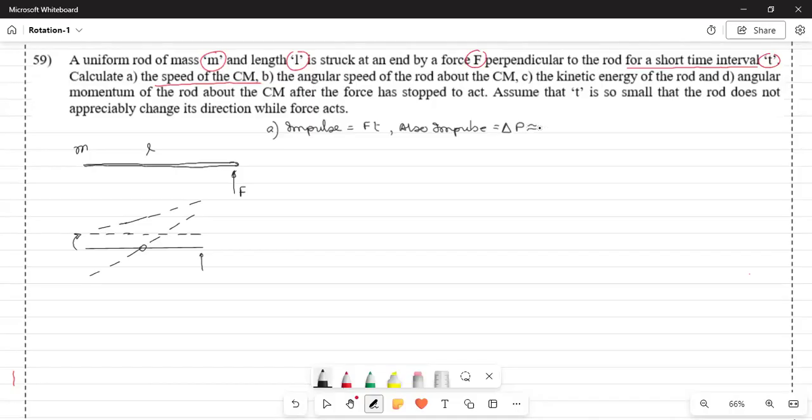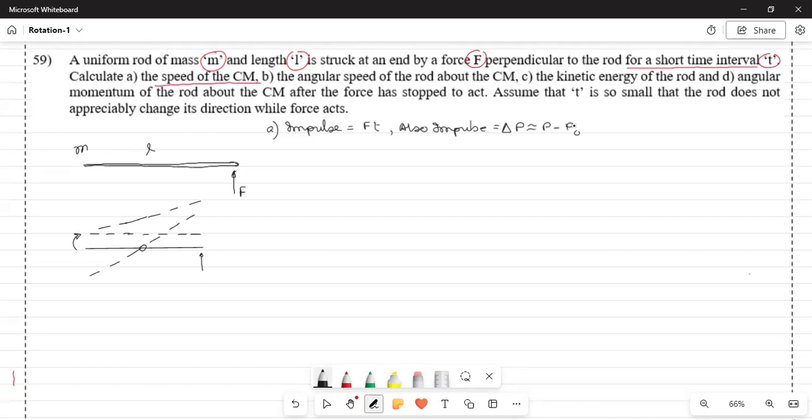You can also call it p minus p naught, that means new momentum minus original momentum. If it was initially at rest, then of course impulse is equal to the new momentum.